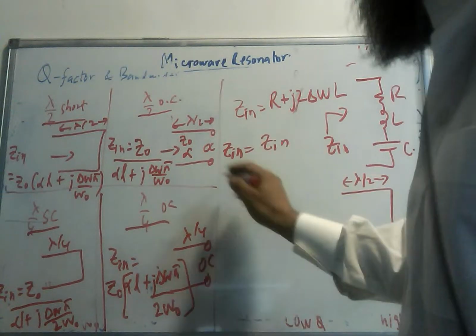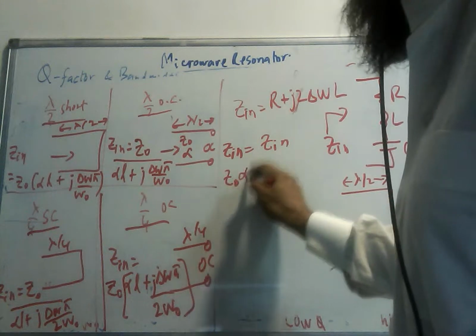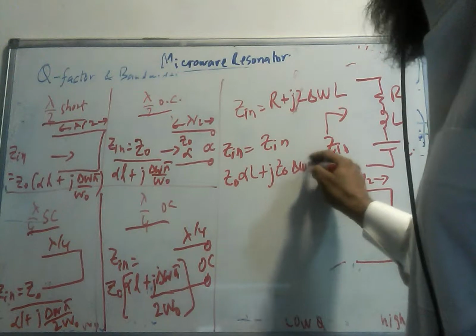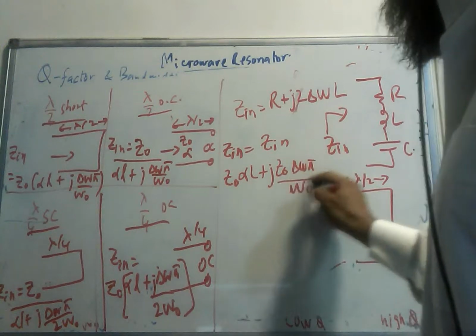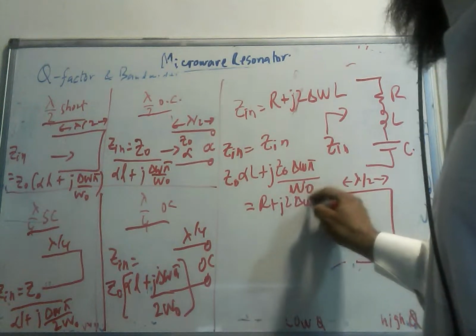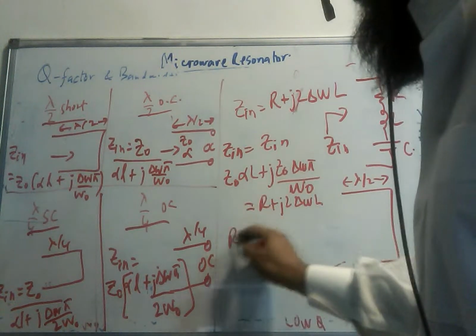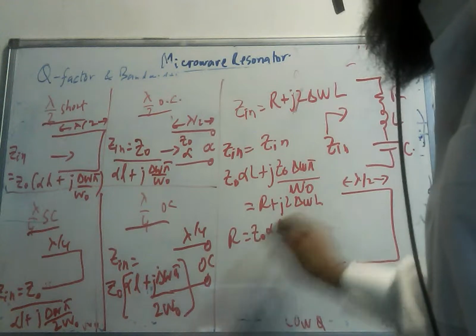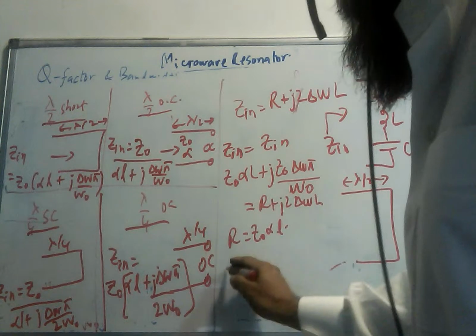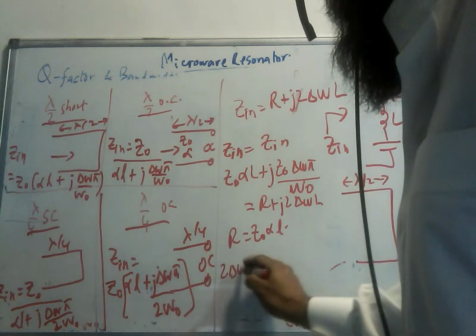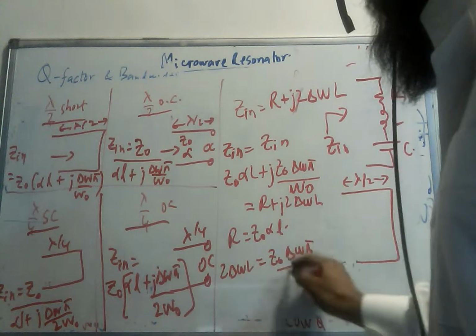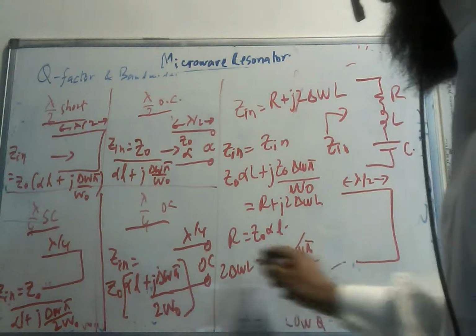Z naught alpha L plus j Z naught delta omega pi divided by omega naught is equal to R plus j2 delta omega L. So R is equal to Z naught alpha L, and 2 delta omega L is equal to Z naught delta omega pi divided by omega naught. So delta omega cancels.